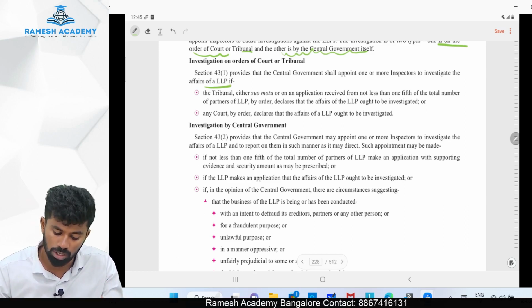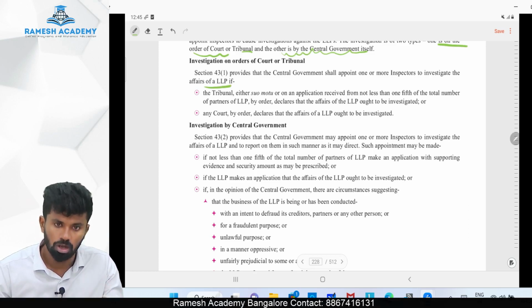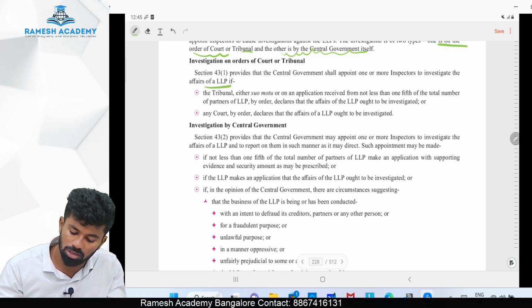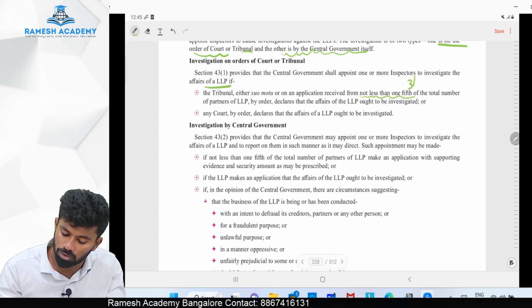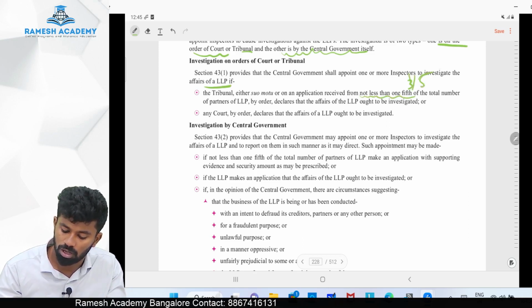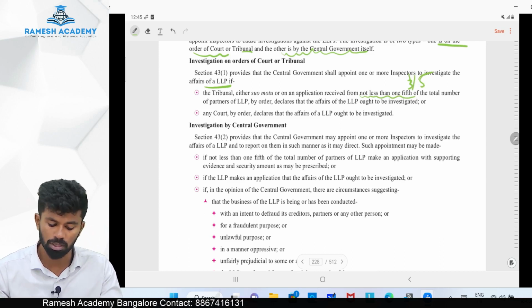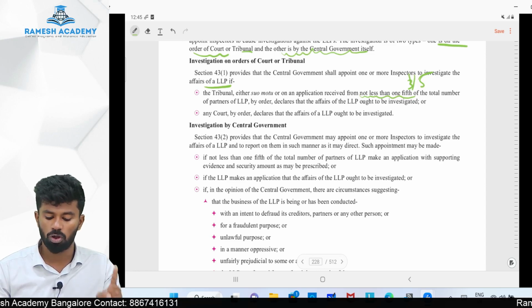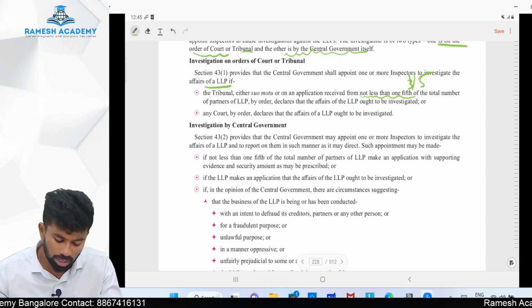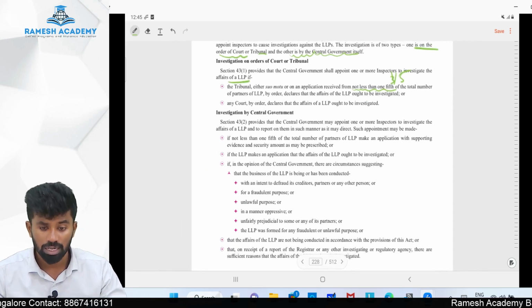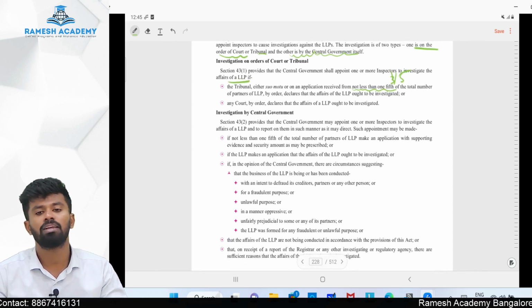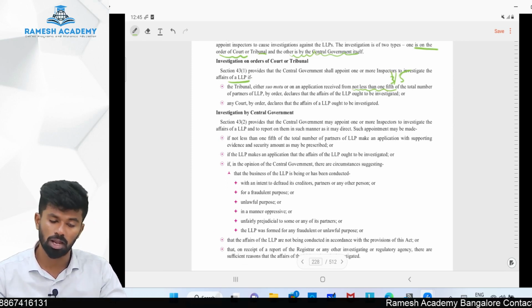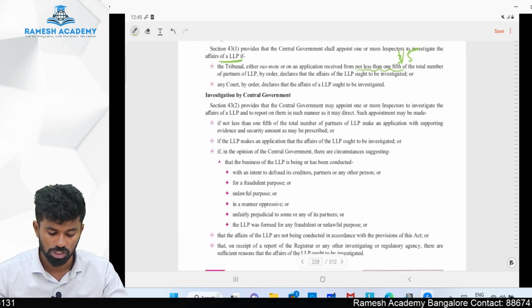If the tribunal suo motu on its own, or on an application received from not less than 1/5 of the total number of partners of the LLP, by order declares that affairs of the LLP ought to be investigated, or any court by order declares that affairs of the LLP ought to be investigated, in that scenario there can be an investigation of what? LLP.